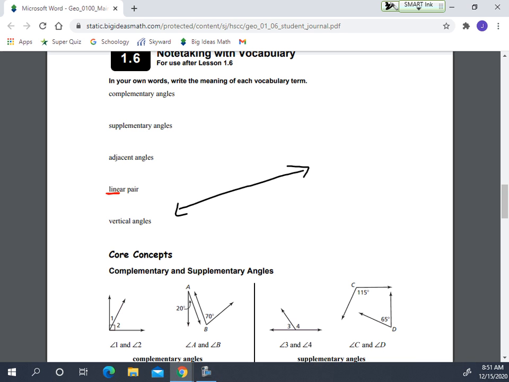Let's start with this line, and let's say an angle or another ray is drawn off that line. That forms a linear pair. We have this angle here, and this angle here. A linear pair adds up to 180 degrees, or are supplementary.